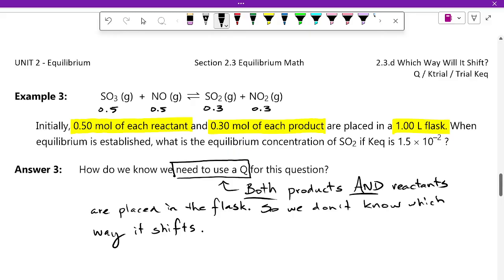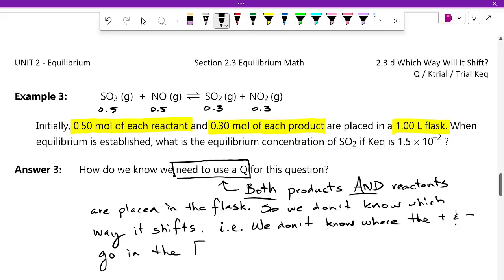In other words, we don't know where to put the pluses and the minuses in the C row of the rice table, i.e., we don't know where the plus and minus go in the C row.